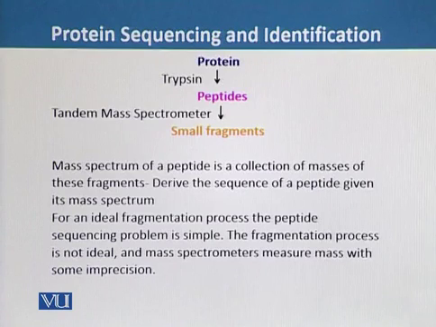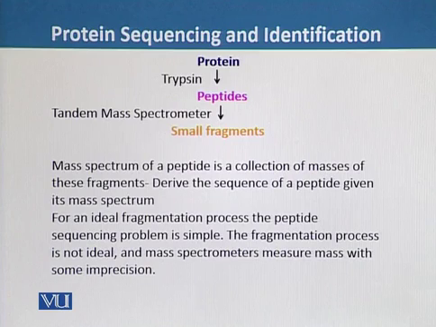This process of mass spectrophotometry is very sensitive, and it has opened up new experimental and computational possibilities for protein studies. A protein can be digested into peptides by proteases like trypsin, as we have seen earlier. This strategy was used by Sanger in the sequencing of insulin. In a matter of seconds, a protein can be digested into peptides.